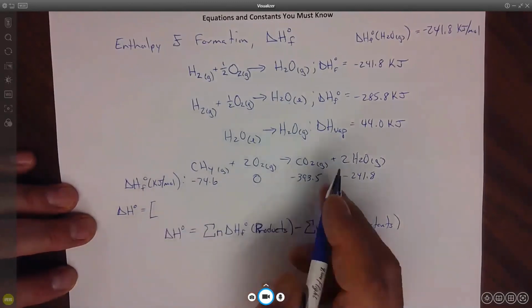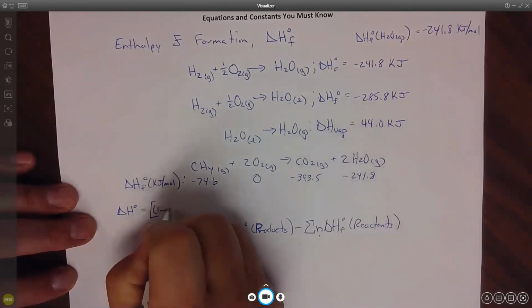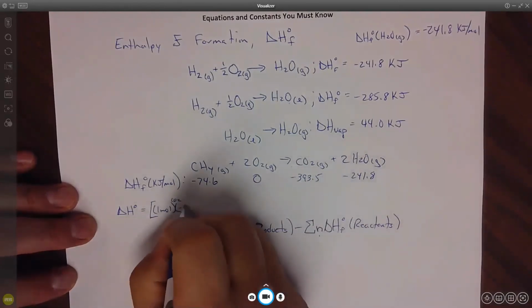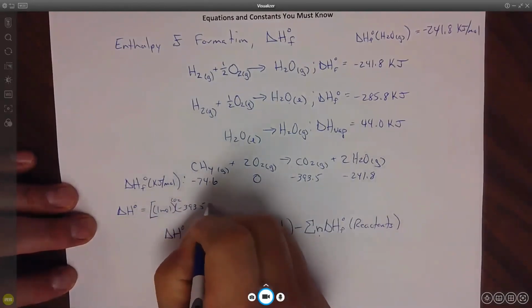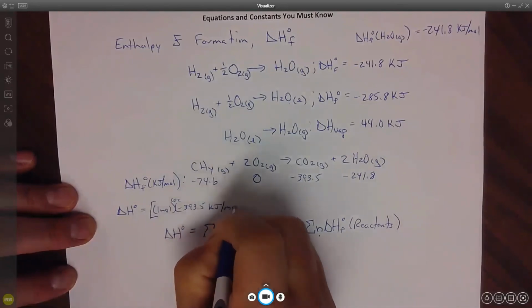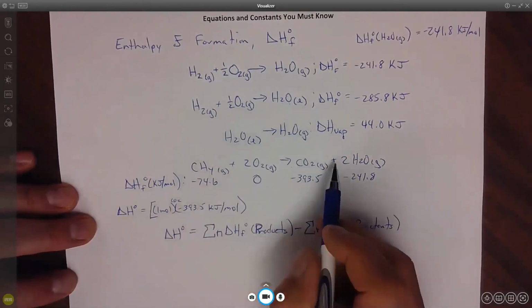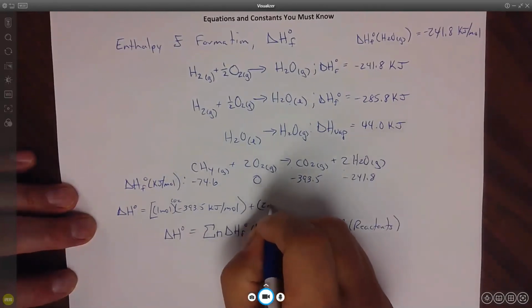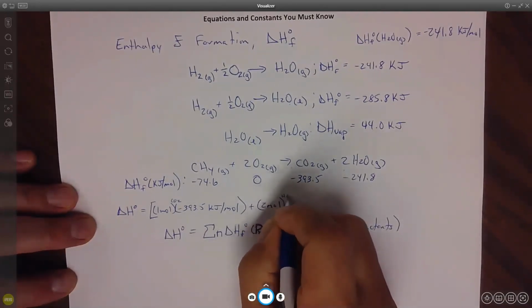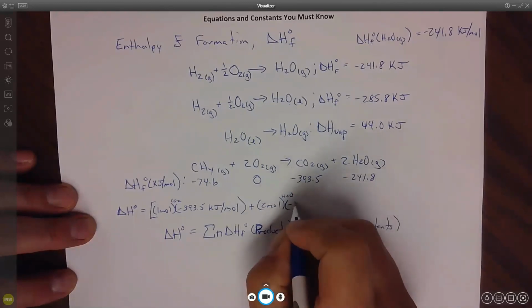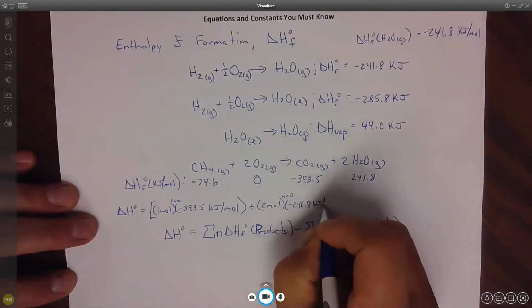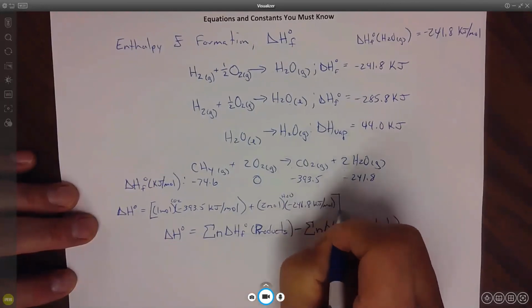So there's 1 mole of CO2, so 1 mole, this is for CO2, at negative 393.5 kilojoules per mole. We'll add to that the 2 moles of gaseous water at negative 241.8 kilojoules per mole.